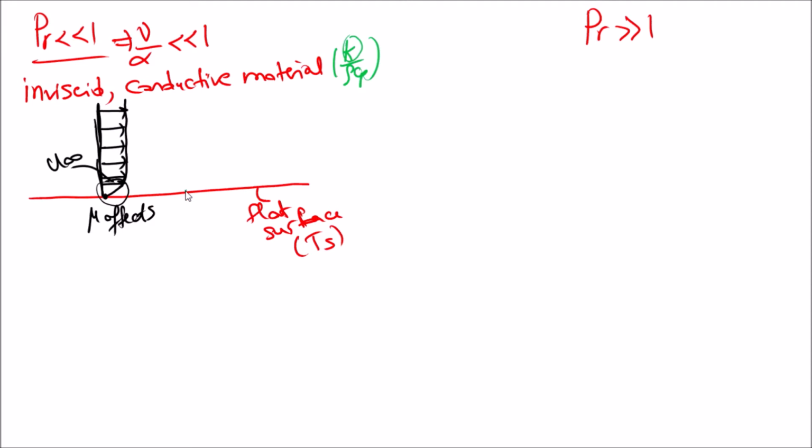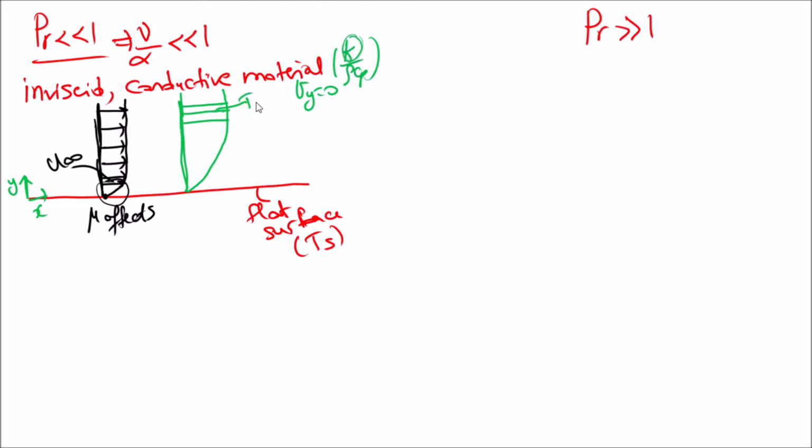And we know that for a laminar boundary layer, the fluid doesn't have any velocity in the y direction. This is the y direction, and this one is the x direction, and Vy is equal to 0, and therefore heat transfer in the y direction is only dominated by conductive heat transfer. So you will have a profile something like this, because the k value is too high, and you will reach T infinity somewhere around here.